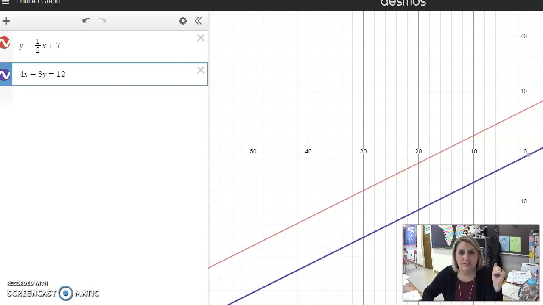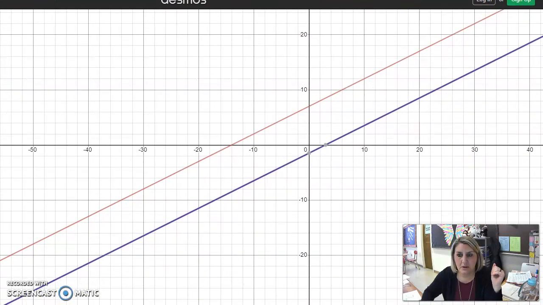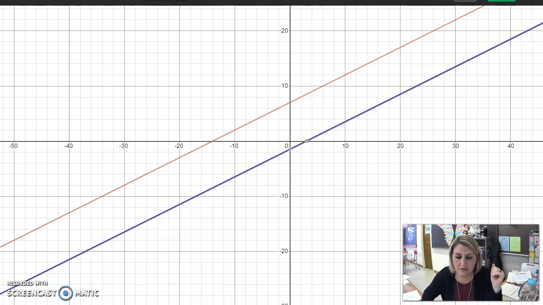And if you look here, we have two lines. So we do see the two lines. This is just telling us where it hits the x and the y axis. But you're always trying to figure out where the lines cross. These are parallel lines.